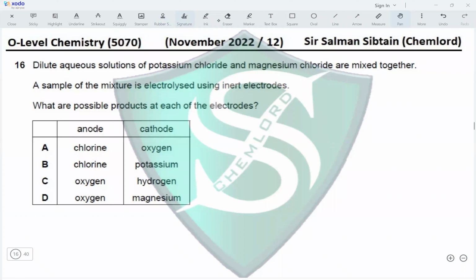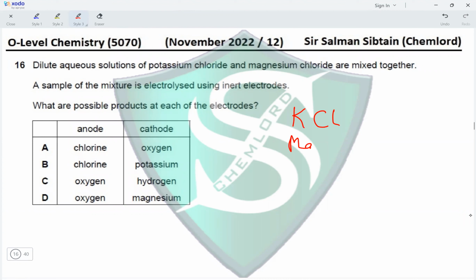Question 16. Dilute aqueous solutions of potassium chloride and magnesium chloride are mixed together. A sample of the mixture is electrolyzed using inert electrodes. What are the possible products at each electrode? Okay, so we have potassium chloride and we have magnesium chloride, but both of them are dilute.